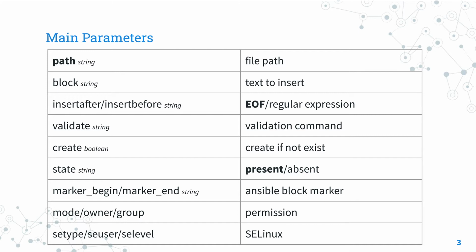Usually we would like to insert a text block, but we could also remove it using state in conjunction with the parameter absent. Our text is going to be surrounded by some markers, some comments, in most cases, that show up that we did this edit in Ansible.